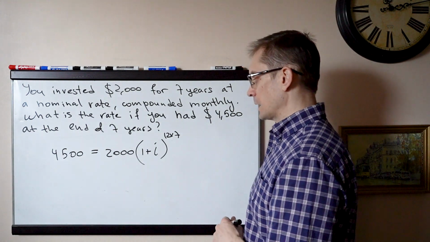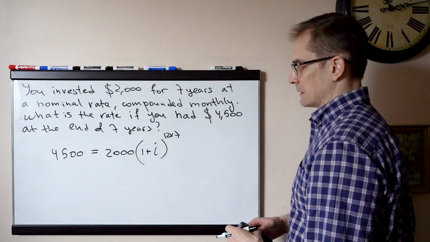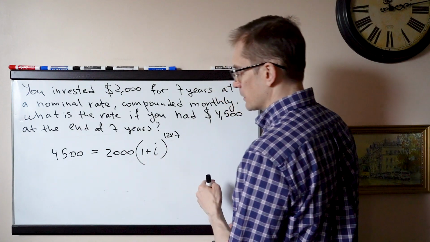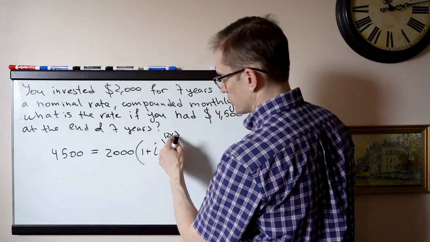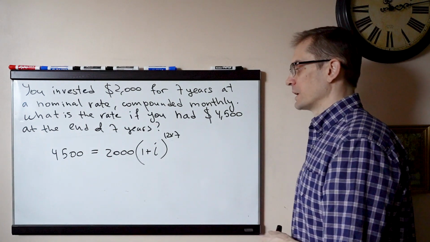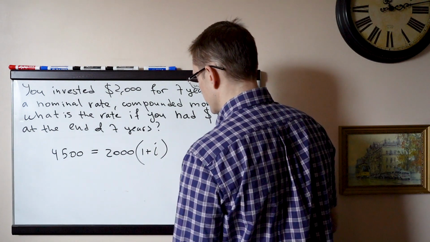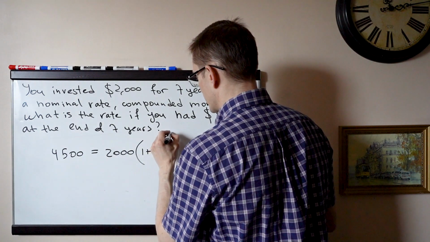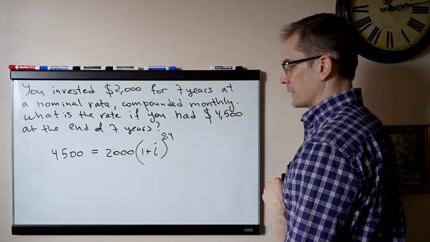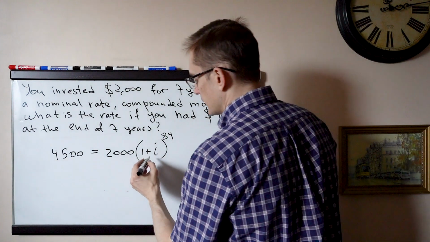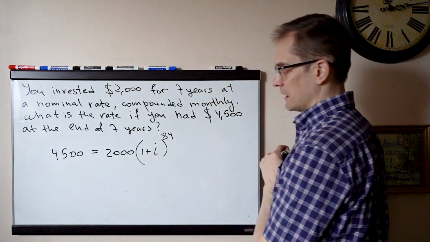Just to keep it a little bit more clear, 12 times 7 is 84. And I will need to find this I.